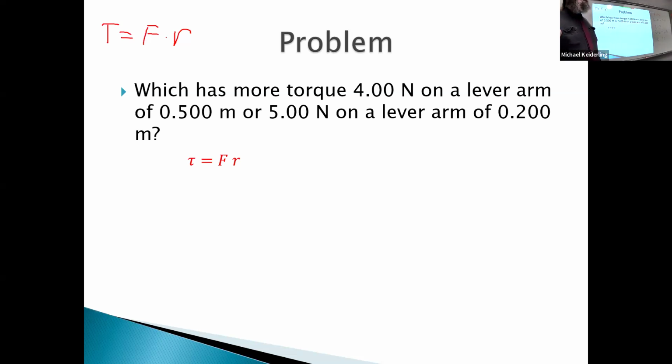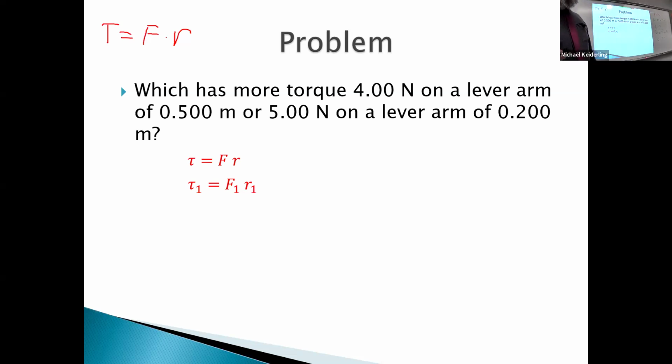Oh yeah, torque is measured in Newton meters, or in imperial or American units, foot pounds. You may have seen that on car advertisements. You know, this car gives you so many foot pounds of torque. That's how much it can spin the wheels, how hard it can spin the wheels.